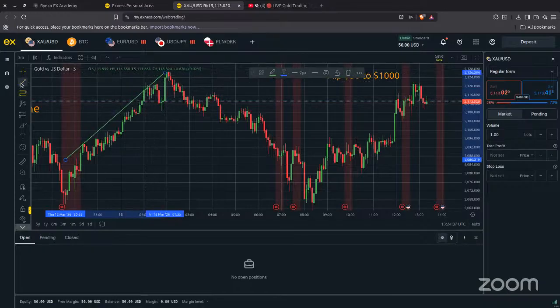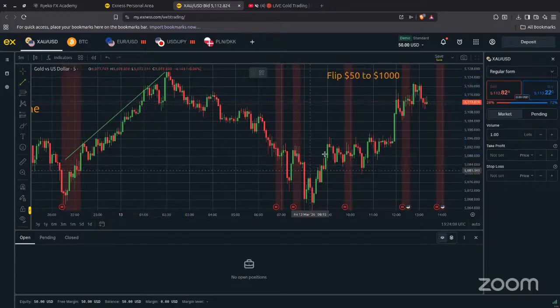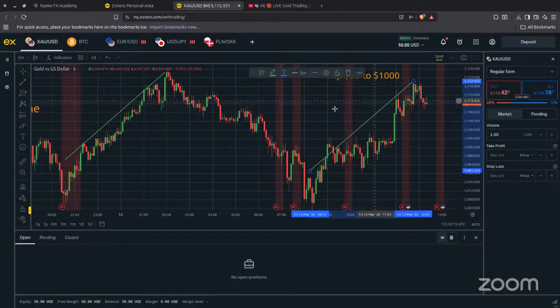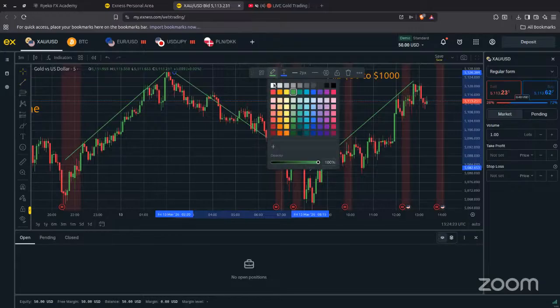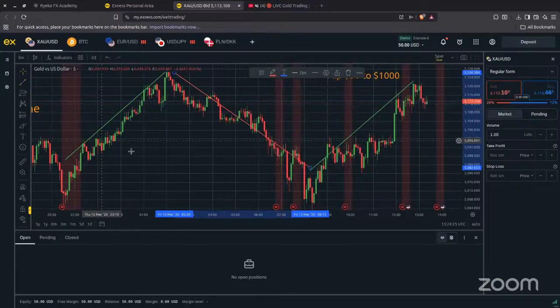Then also here, there has been an uptrend. Now, this is a downtrend, which is bearish.